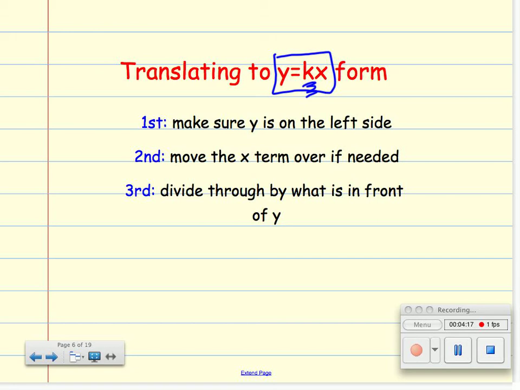The other important thing is that the y is on the left-hand side, the x is on the right-hand side. So the first thing we want to do is make sure y is on the left side. If not, move it. The second thing, we move the x term over if needed. You don't always have to. And lastly, you divide through by what's in front of y.